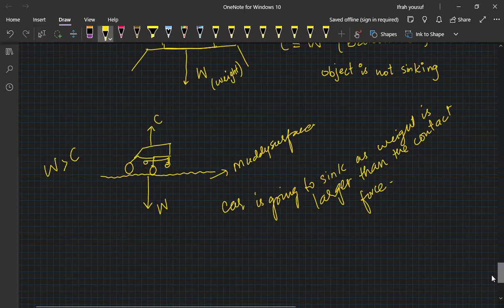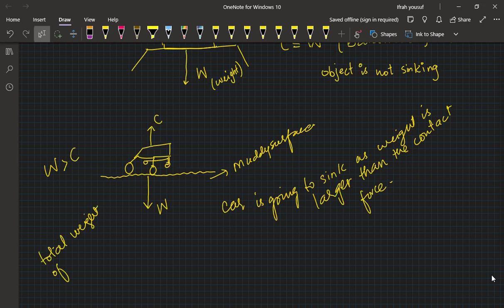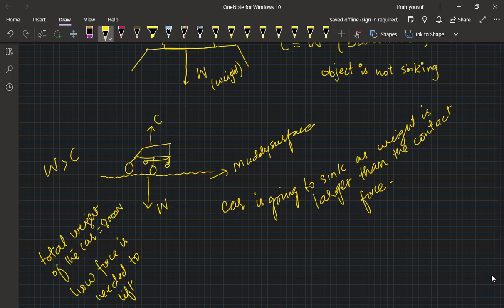Now, if I say the total weight of the car is 8,000 Newton, including the number of passengers sitting there, how much force is needed or required to lift the car, or to balance the car?